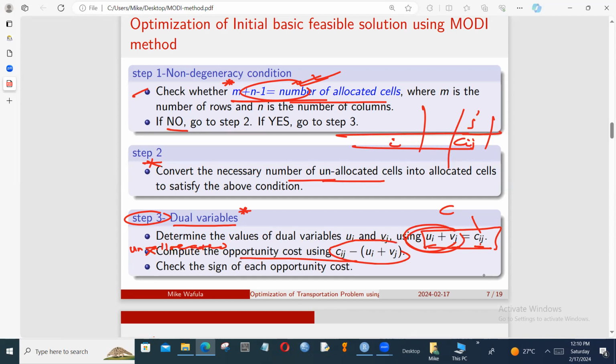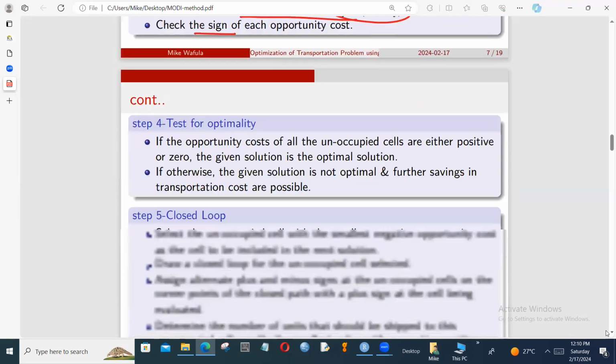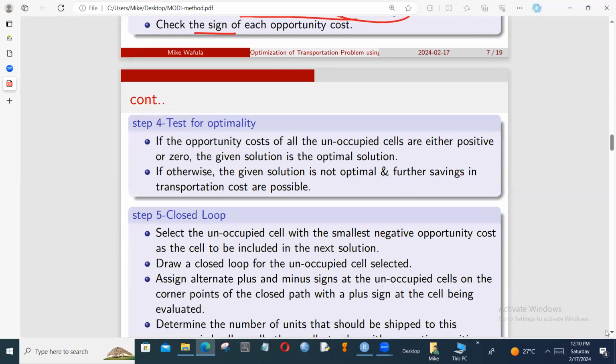When we calculate the opportunity cost, our interest will not be the magnitude, but the sign, whether the opportunity cost obtained is a positive or a negative value. We desire a positive value of opportunity cost for all the cells that are unallocated. Then we shall be quick to report that the solution has reached its optimal point.